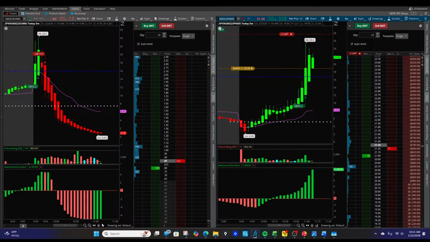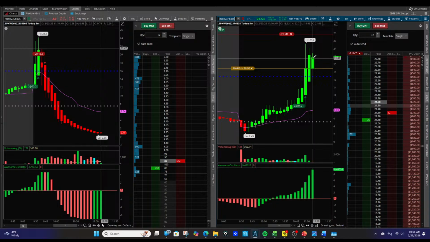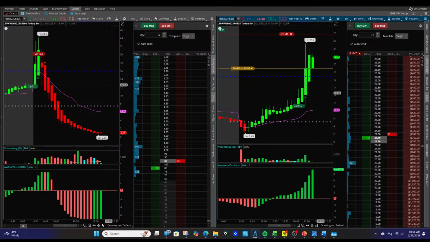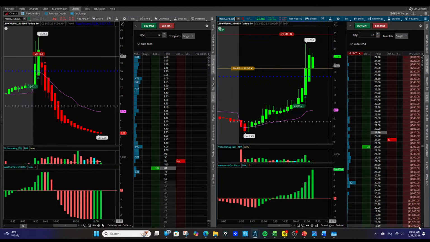There we go. All right, so we're looking. It looks like this low here was $18.93. Oh, and the green circle came back on TradingView.